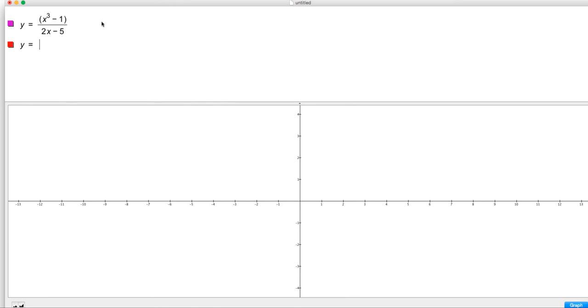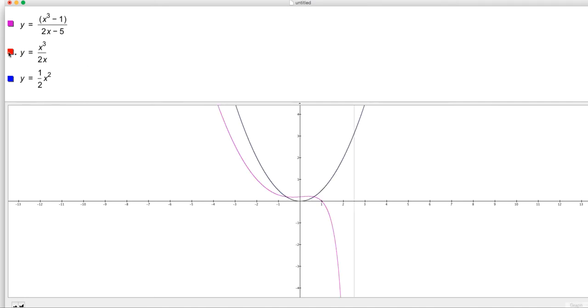But if we want to look at it in a simpler form, we can simply see a ratio of the leading term of the top divided by the leading term of the bottom. And in this case, this function simplifies to y equals 1/2 x squared. Now we know what the graph of 1/2 x squared looks like. And it's the same as the red graph, so if I turn off the red, you will see blue. But it's not the same as the purple graph.